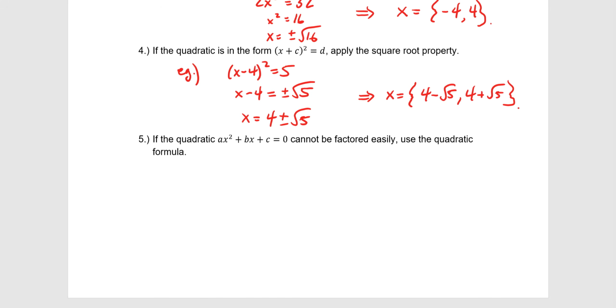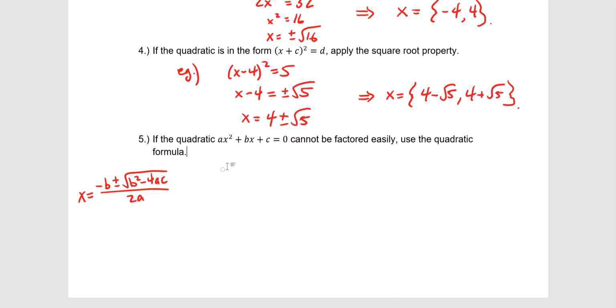And for the last one, if we have a quadratic, ax squared plus bx plus c, and it cannot be factored easily, we can use the quadratic formula. Keep in mind that this one will always work, so make sure we have this quadratic formula memorized.